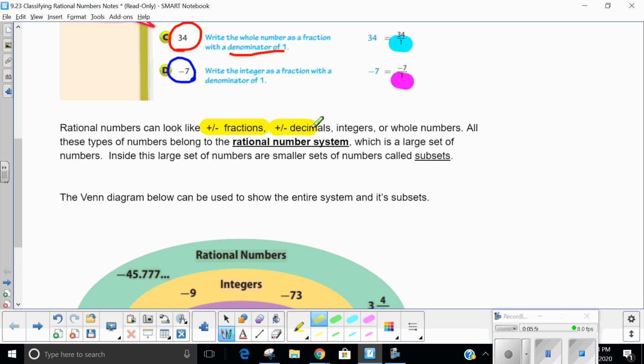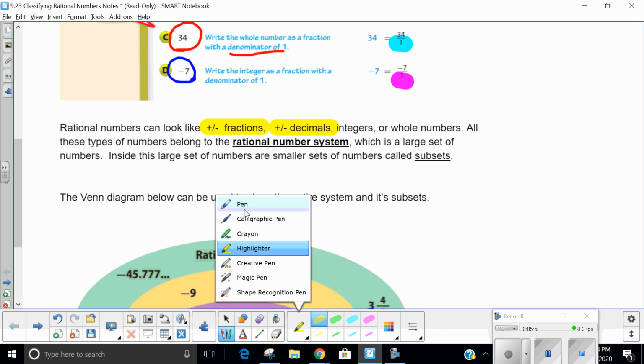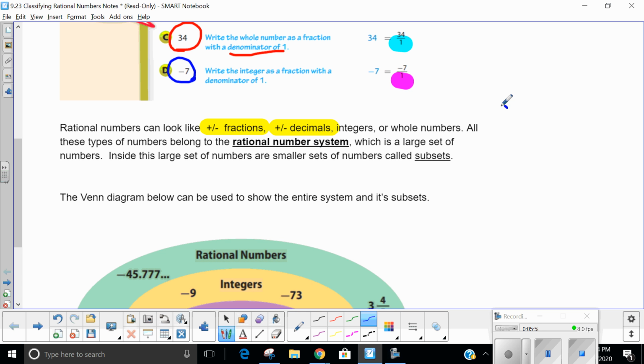If we have decimals, positive and negative decimals, as long as we can write it in the form A over B, where we take some number A and put it over some number B, we know we have a rational number. So that means positive and negative fractions and positive and negative decimals can be written in this form, so they are rational numbers.